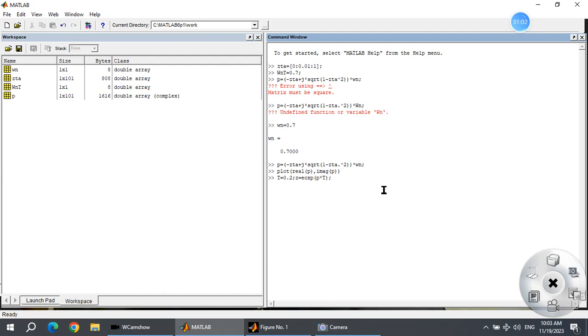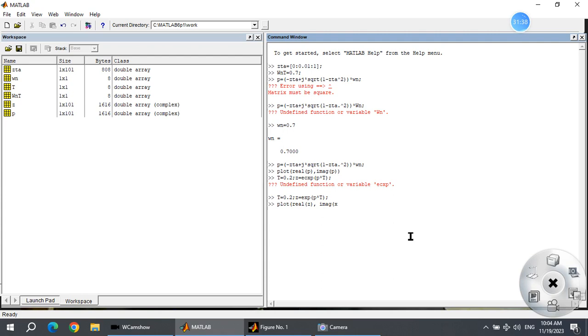Then I get a Z, which is exp of P times T. All right, now I have z, and we can plot real z and imaginary z.